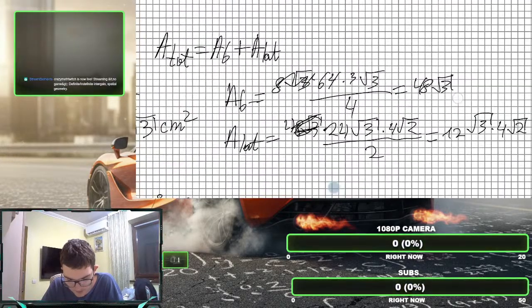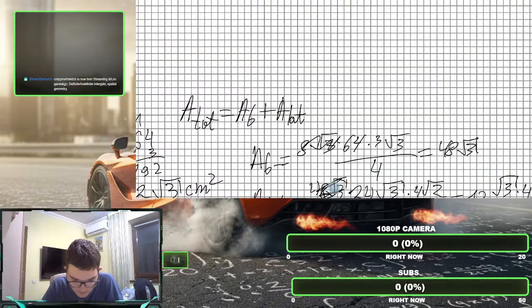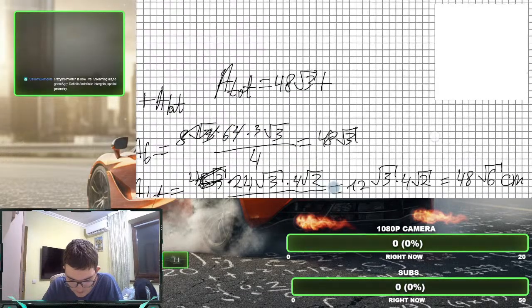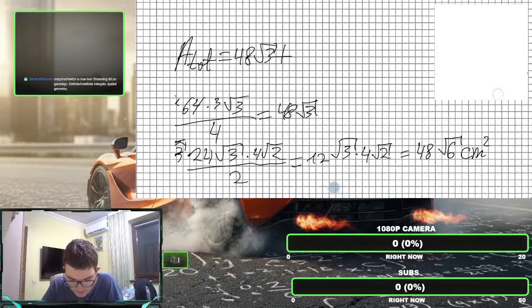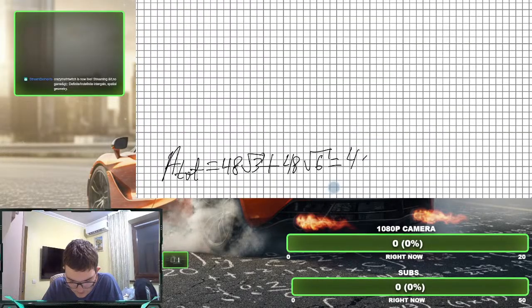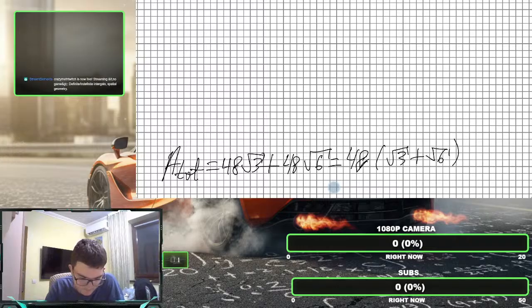Now I can calculate total area. Area total is equal with 48 square root of 3 plus 48 square root of 6, and I can just put a 48 up front and square root of 3 plus square root of 6. That's it.